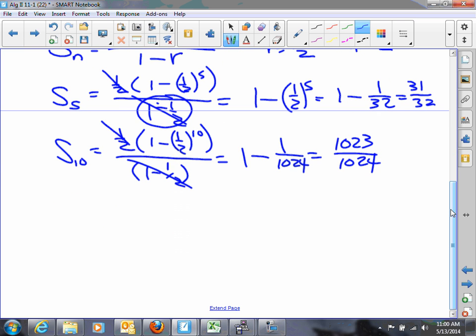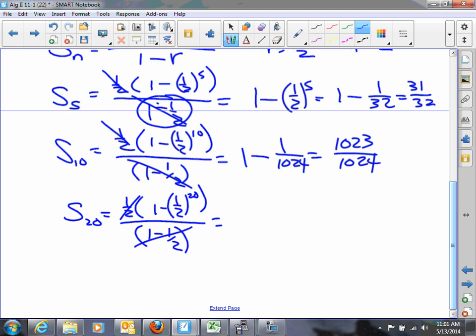Now let's look at S sub 20, or the sum of the first 20 terms. That would be 1/2 times 1 minus 1/2 to the 20th over 1 minus 1/2 again. Now 1 minus 1/2 is 1/2, so these go away. And we end up with 1 minus, now 1/2 to the 20th is 1 over 1,048,576.